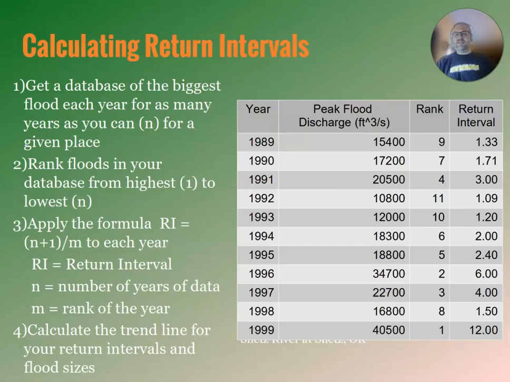Another thing we could do is use this data to extrapolate the return intervals for floods that might be bigger than the ones in our database. So we've got 11 years of data here. That probably does not encompass the biggest possible floods that could ever be seen at this location. We want to extrapolate into possible bigger floods that might have happened before our data and that might happen in the future.